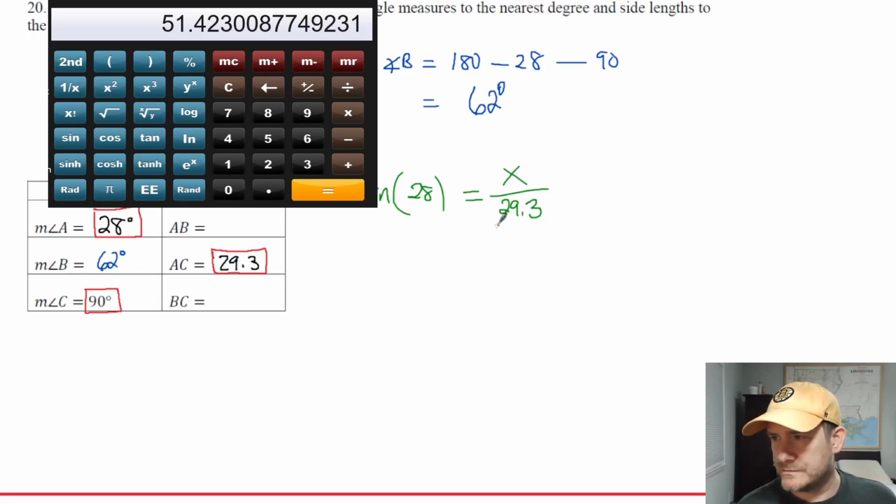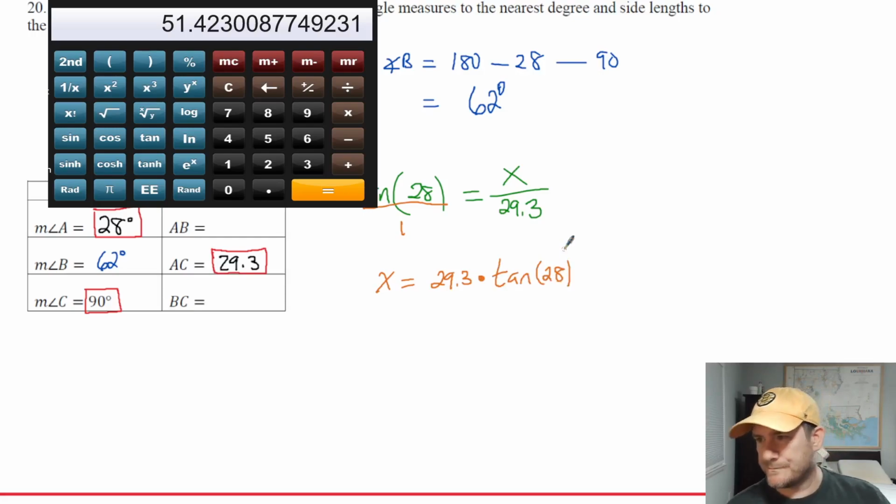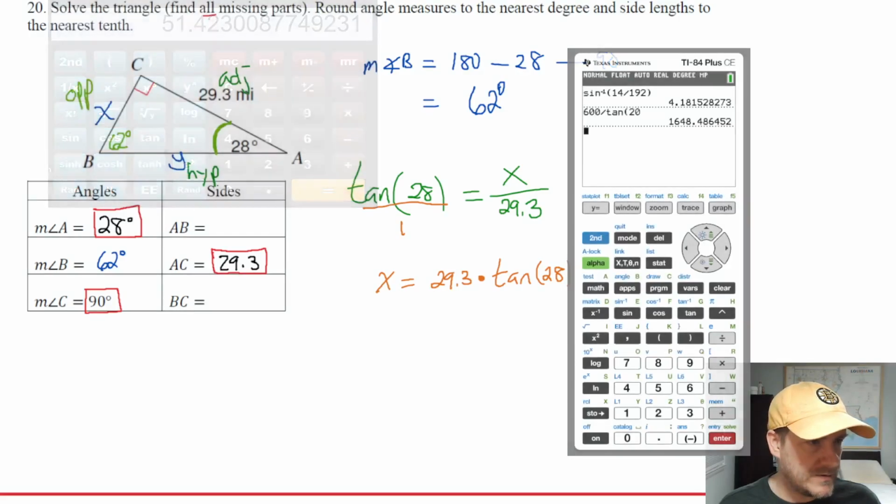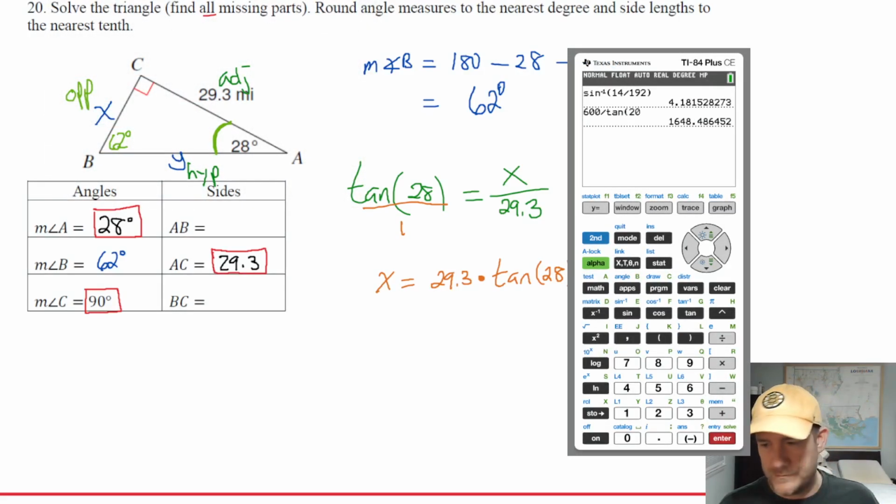So what do we do? Just cross multiply, yeah? And X will be whatever 29.3 times tangent of 28 is. And I would do that on a calculator. I'm going to use the other one. Yeah, that one. Okay.